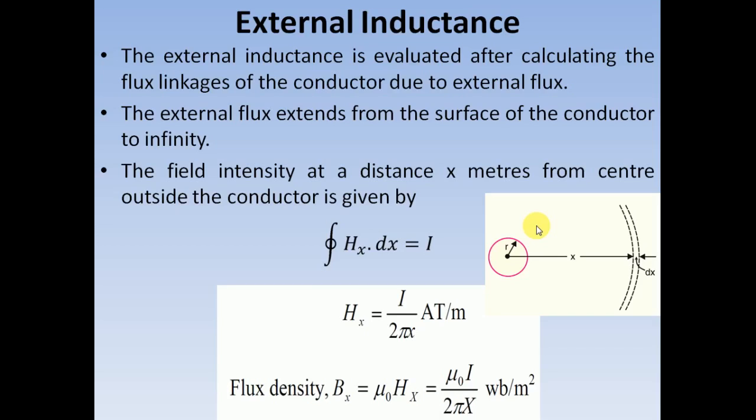At that time x was very much less than r. But now, while finding the flux linkage due to external flux also, we are considering the cylindrical shell at a distance x meters from the center. Please don't get confused with both these x. This is just a common notation used to represent it. Please keep that in mind.